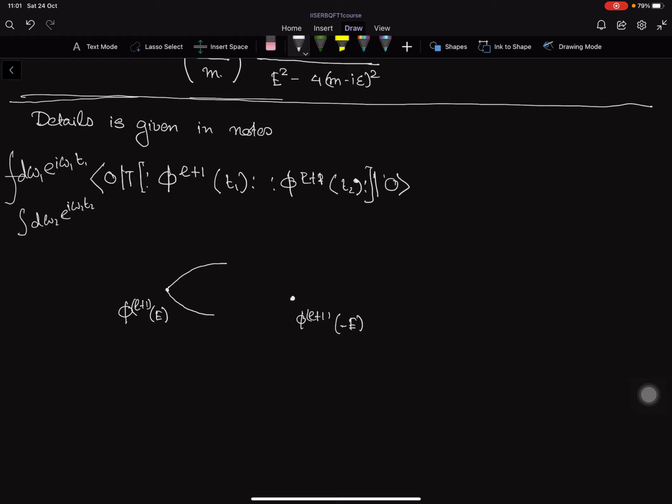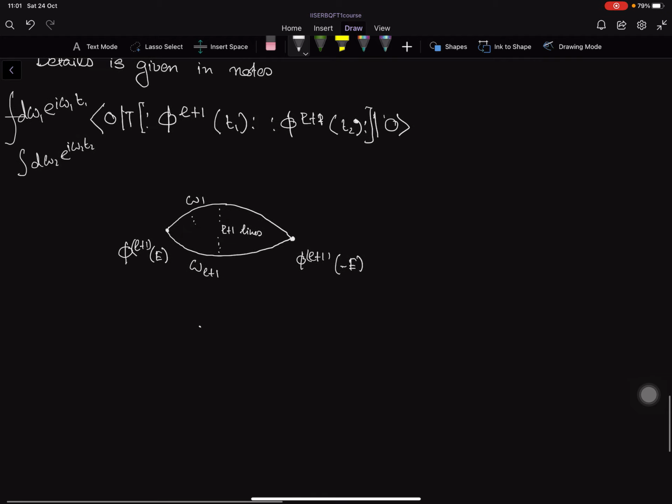So how many lines will go from here to here? L plus 1 lines, right? Let's denote them omega 1 dot dot dot omega L plus 1.